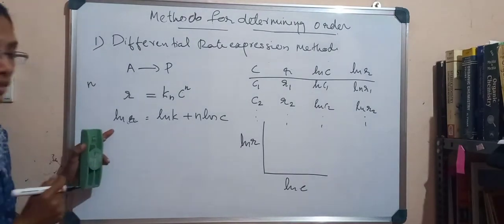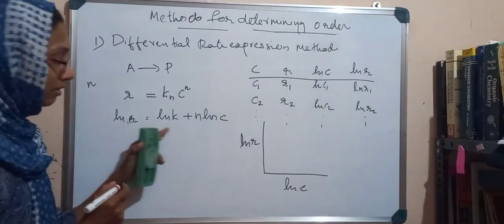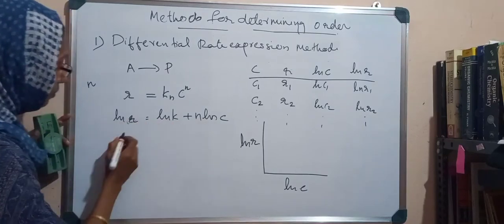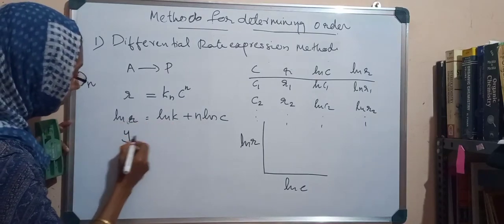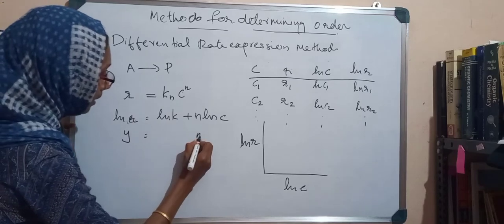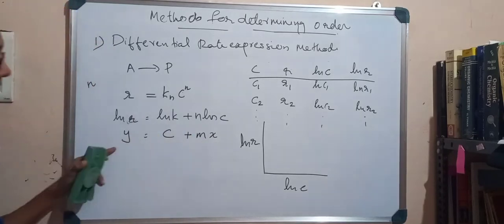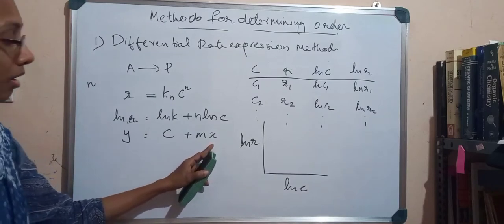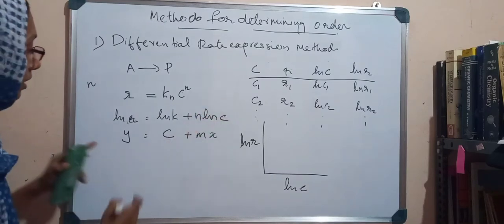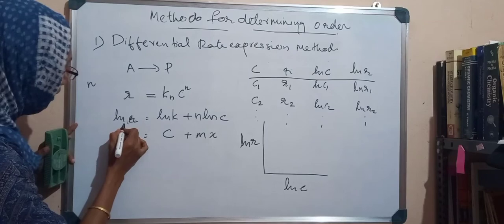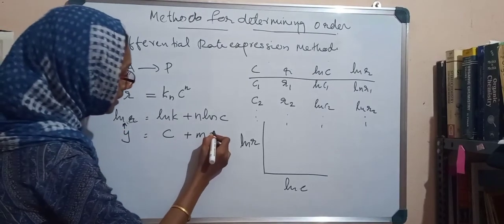It is in the form of the equation of a straight line, y is equal to mx plus c, with a y-intercept. Here y is ln R and x is ln C.